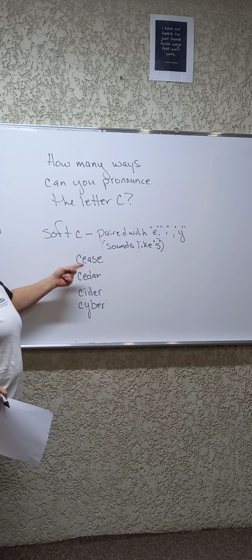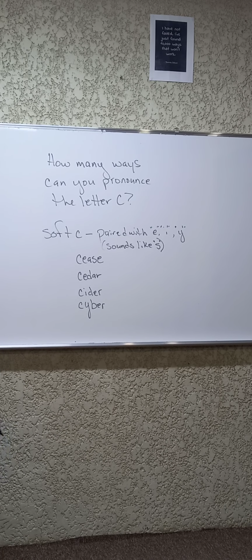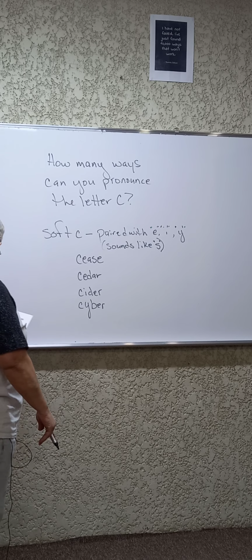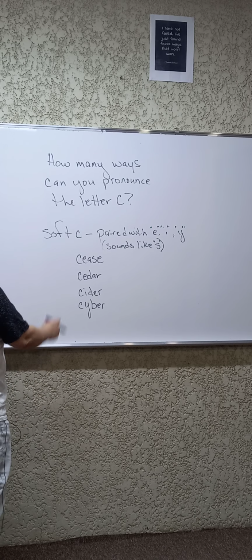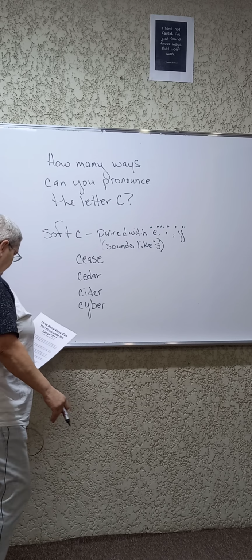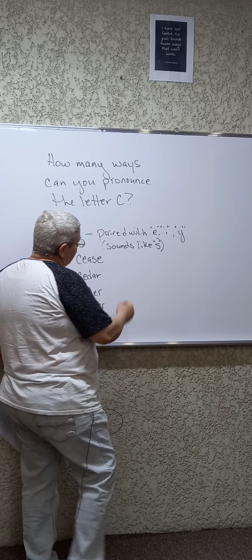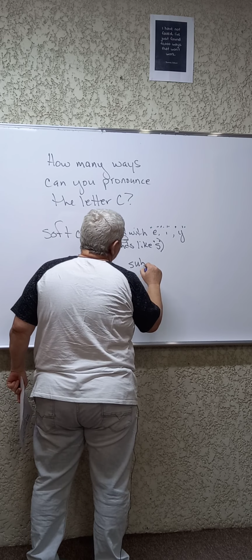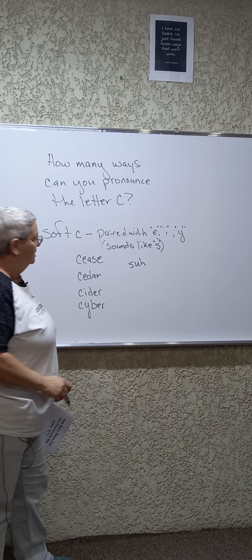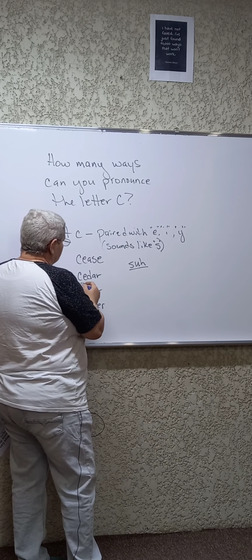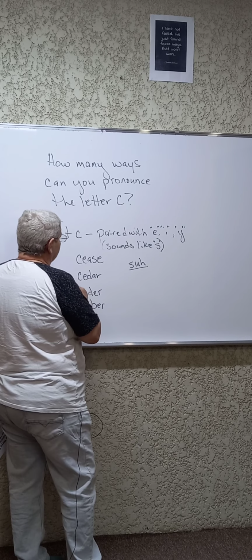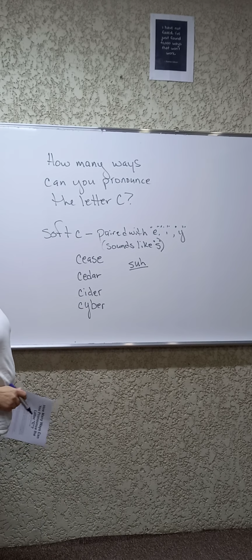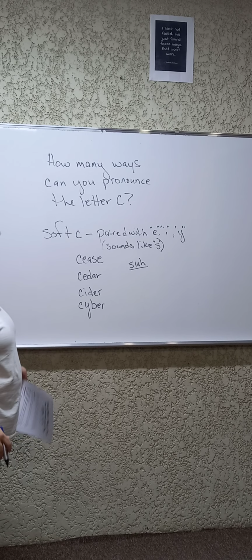Like the C-E, cease, sounds like an S. Cedar sounds like an S, right? I, cider, sounds like an S. Or it's like saying s, s. Cider, cyber, cedar, ceased, or cease instead of ceased.